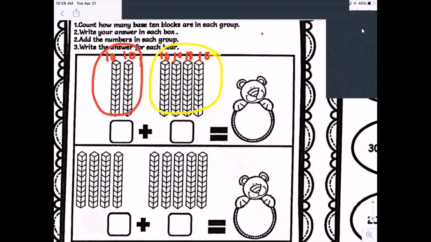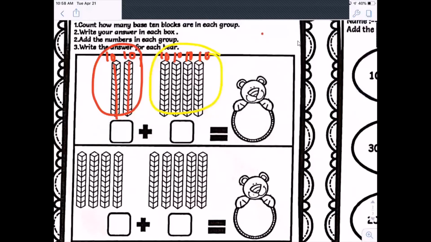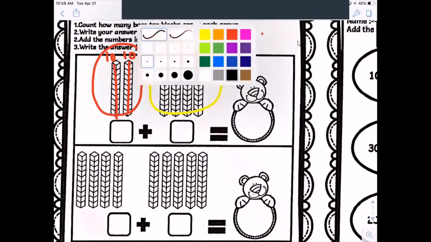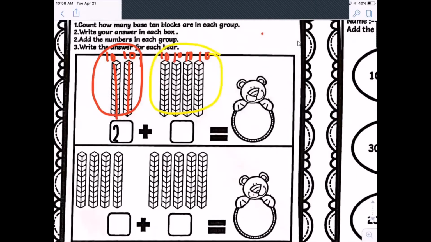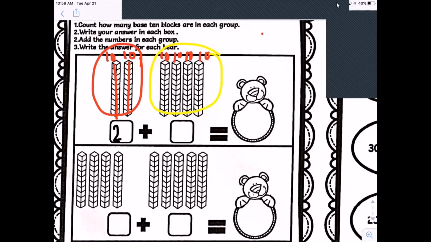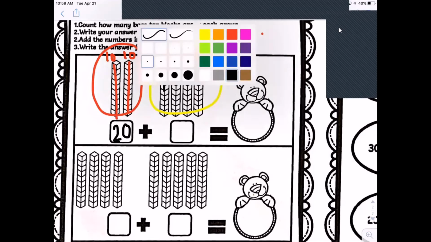So right here in my red part, how many groups of 10 do I have? 1, 2. Do I only write 2? No. I need to add the what? I need to add the 0. Okay. Now right here, how many groups do I have? Let me change the color.